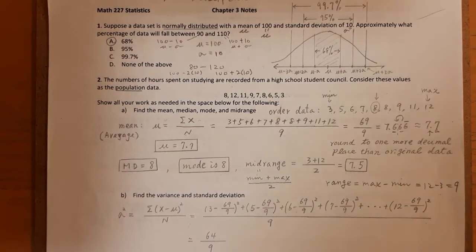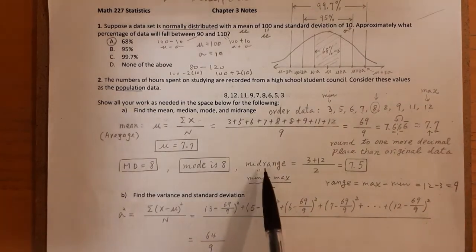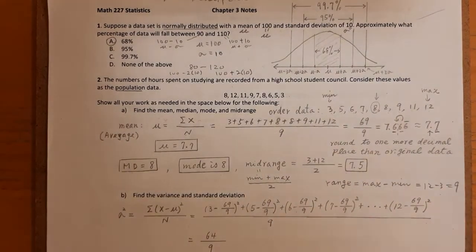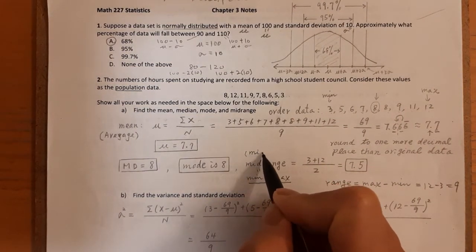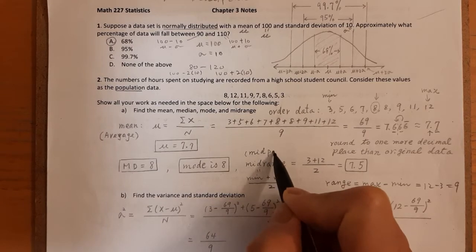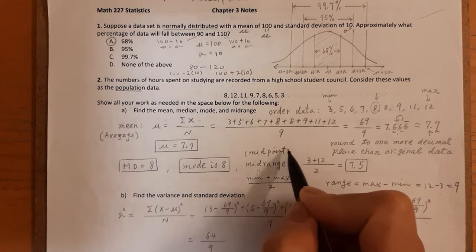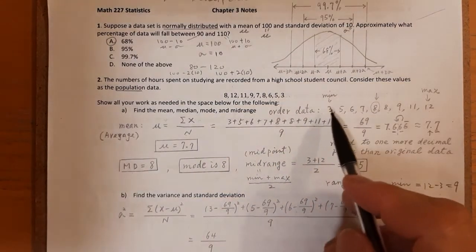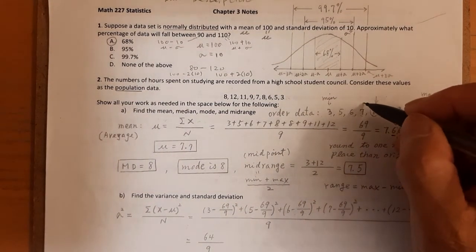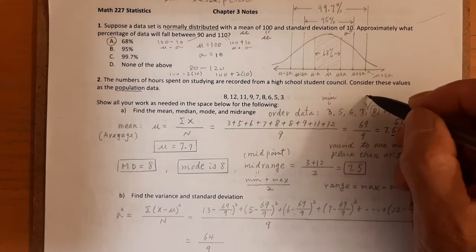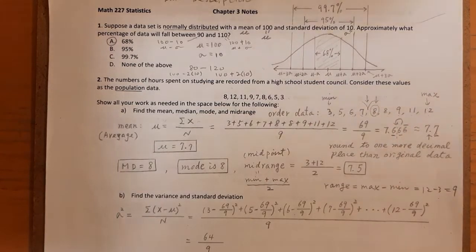It's a range. Mid-range is the midpoint. So it's right in the middle. If you do 3 add 12 divided by 2 is 7.5. It's over here between 7 and 8. This midpoint is the mid-range.